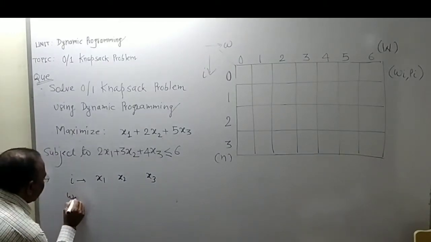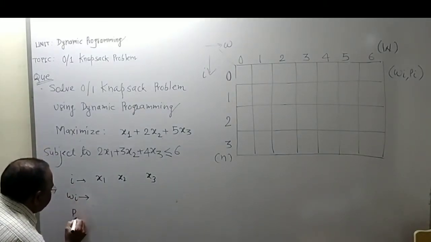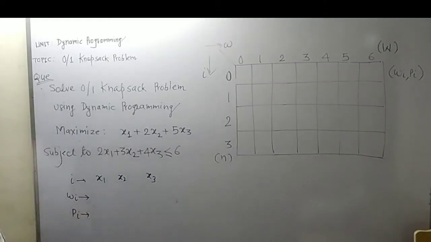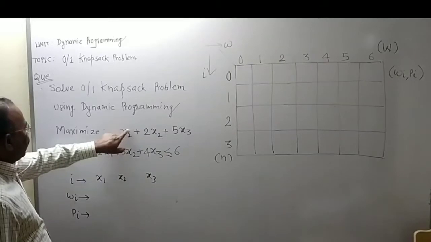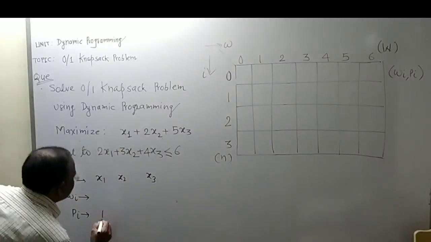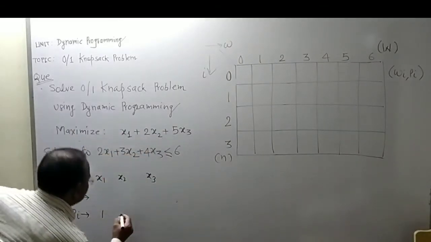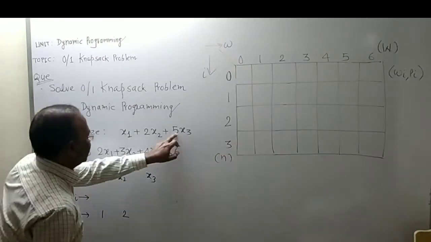Then the weights and the profits of the objects are: profit of x1 is 1, profit of x2 is 2, profit of x3 is 5.